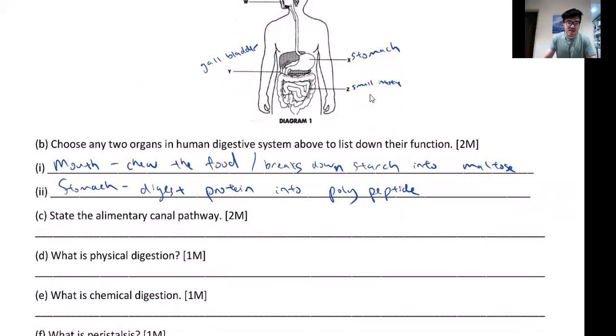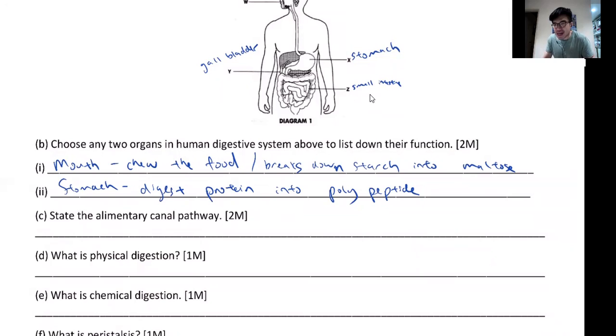Quick revision. When you eat a piece of chicken, chicken is protein. You cannot absorb the protein because it's a whole piece. So your mouth will chew that protein, and then inside the stomach, they will use a chemical called protease. Protease is an enzyme.